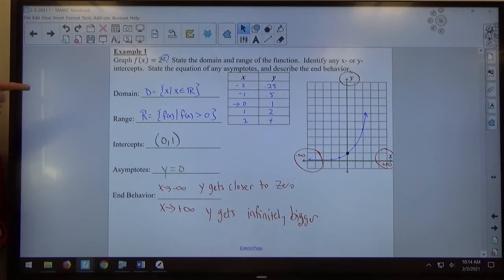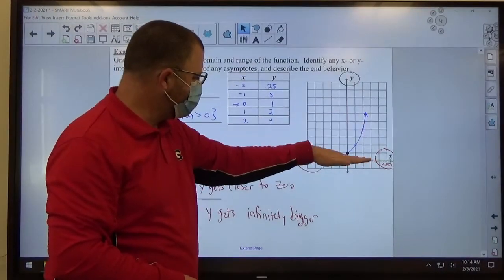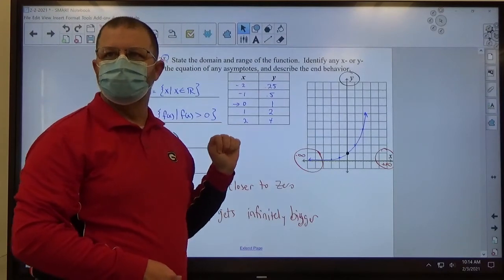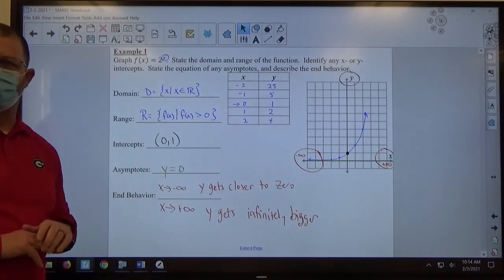As we go that direction, there's no ceiling on this graph. It goes up forever towards positive infinity. So that's all end behavior is. What's happening to the ends of the graph? This is going up forever to infinity. This is flattening out to 0. As x goes to either negative or positive infinity, that's how you describe end behavior.